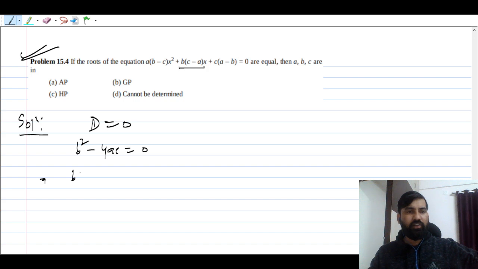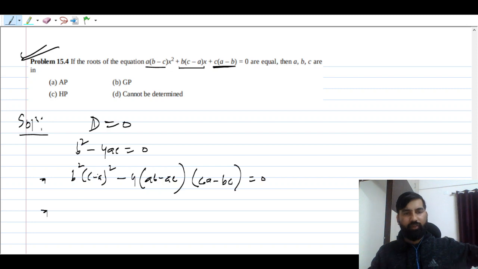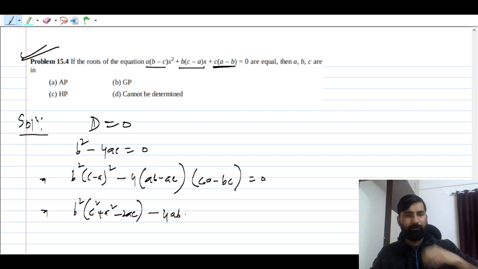So you can say that b squared, (c minus a) whole squared, minus 4 times, you just take this, right? So it is nothing but ab minus ac. And c is nothing but this, so ca minus bc equal to 0. So you can solve this, guys. Okay, I think you should multiply first.